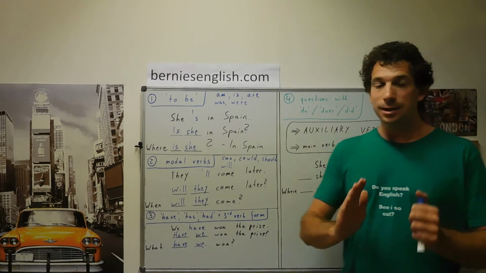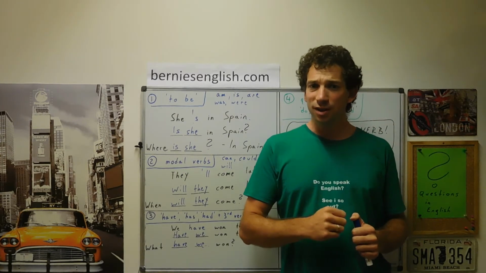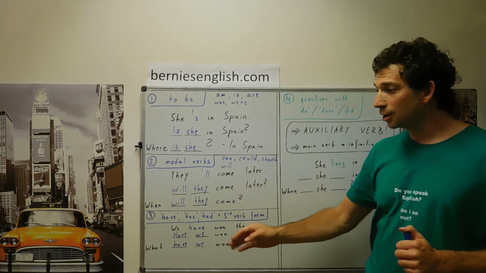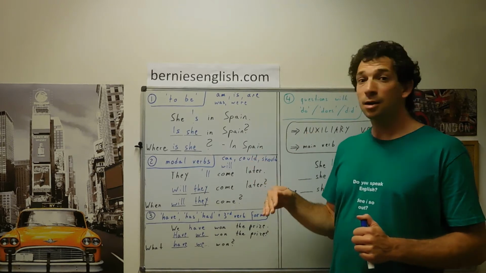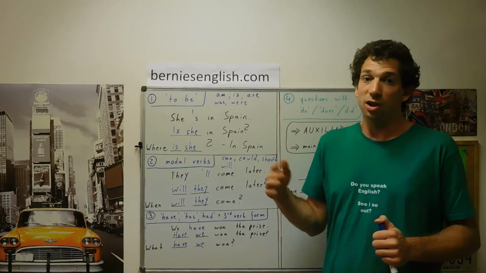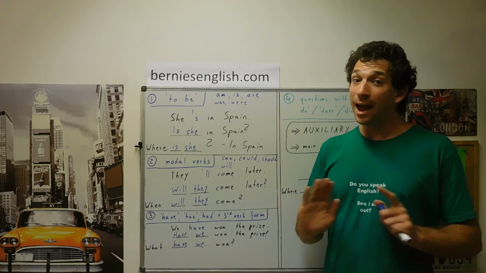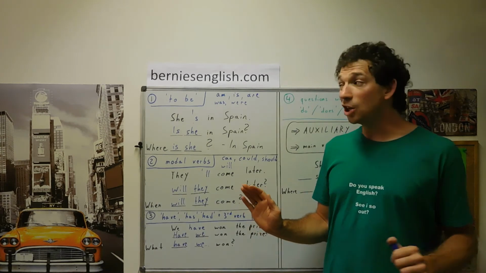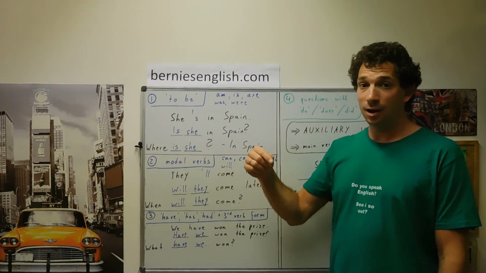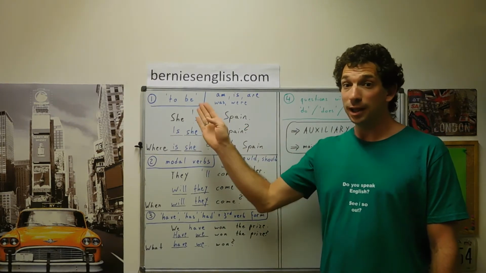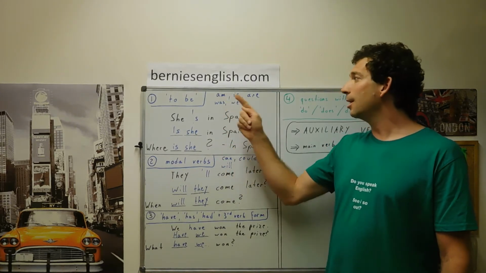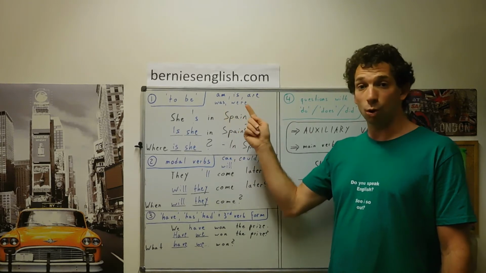Right. Now, you will have noticed that so far, for all those questions, we have never used the word do or does or did. We haven't needed it so far. We don't need the word do or does or did when we have any form of the verb to be. So when we have a sentence or a question with the verb am, is, are, was or were.